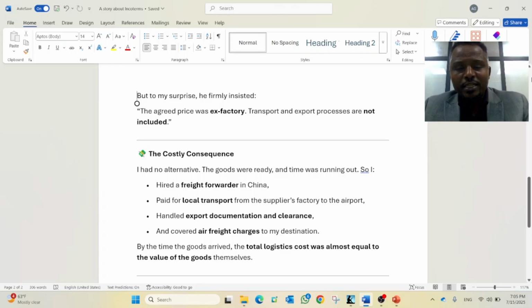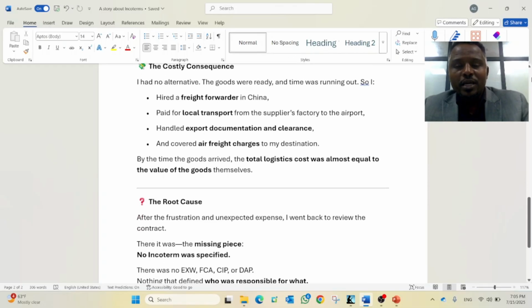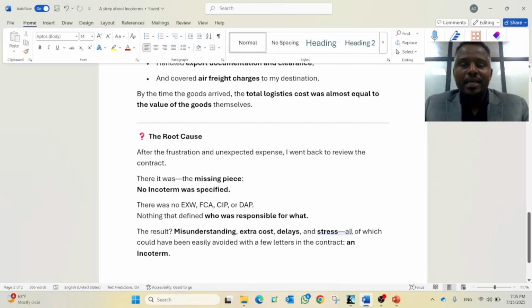My freight forwarder handled the export documentation and clearance, booked the flight, and we paid the freight at Addis Ababa. By the time the goods arrived, the total logistics cost was almost equal to the value of the goods themselves. That was surprising. All these unexpected costs happened because of one missing element, the Incoterms.